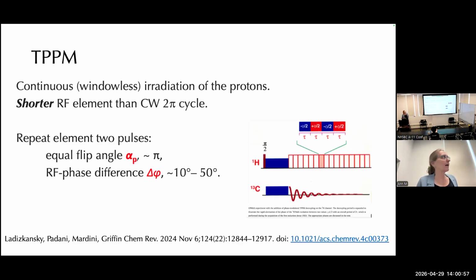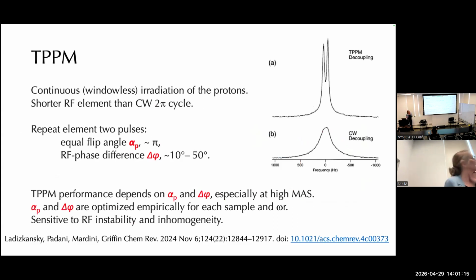Okay. This is out of a different review article, more recent, by Vladimir Ladizhansky and others, which has a broader range of topics than just how to decouple your protons, but it begins with some reflections on the history of decoupling protons.